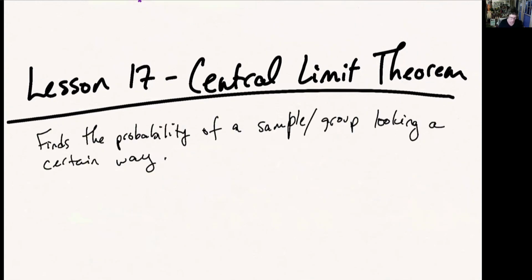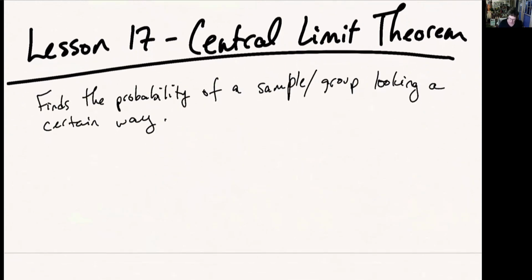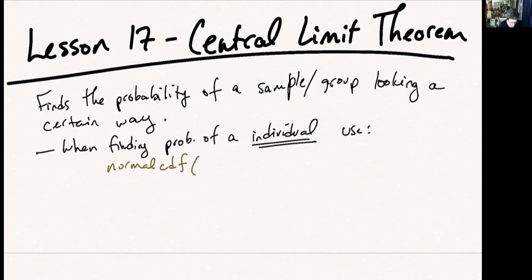Just to remind you, to make this a little bit easier: when we were finding the probability of an individual meeting a certain criteria, weight or height, we used that normal CDF. That's lessons 14 through 16. So that's normal CDF, min, max, mean, and standard deviation.